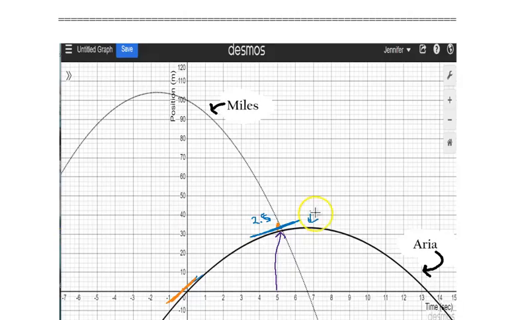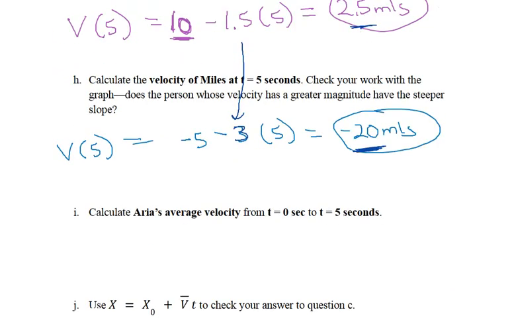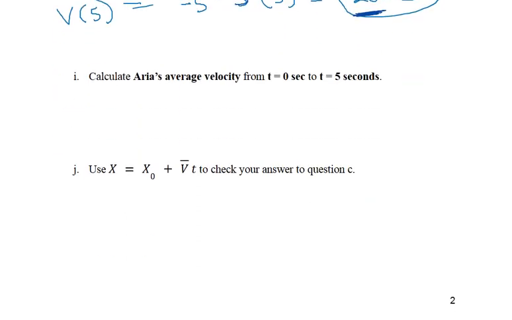And if we go look, you can see that this green slope is way steeper than the blue slope because he is farther away from the vertex. His slope is much steeper because he's speeding up faster. You can see he's speeding up faster because he has a more extreme parabola and hers is more shallow. Okay, so all that calls back to unit 1.